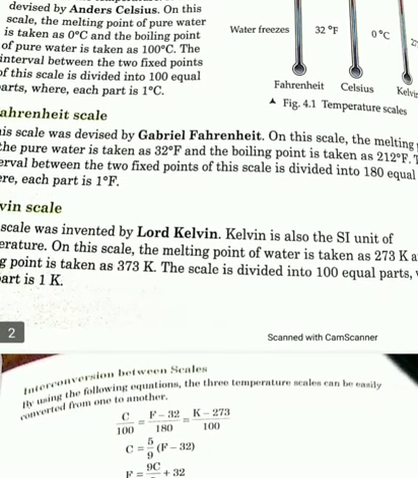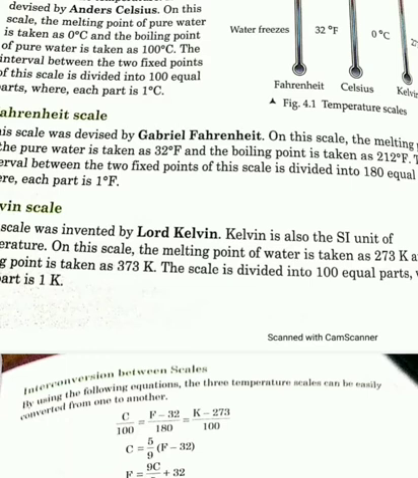If we talk about the Celsius scale, it is the most commonly used scale to measure temperature. And do you know, Mr. Andre Celsius was the discoverer of this Celsius scale.